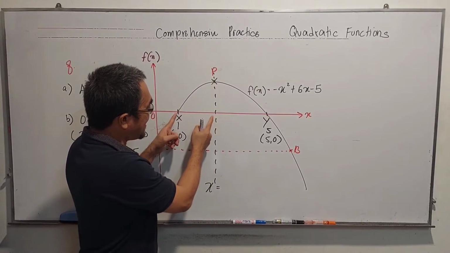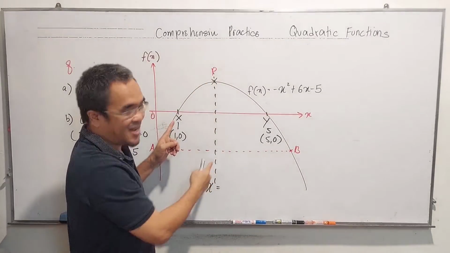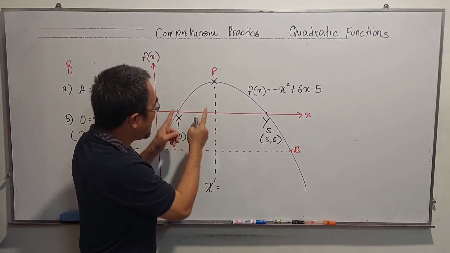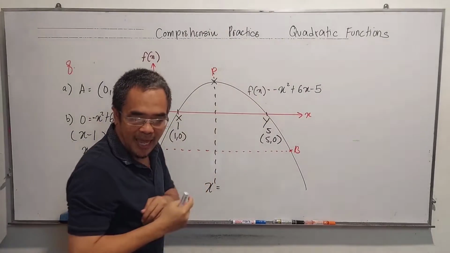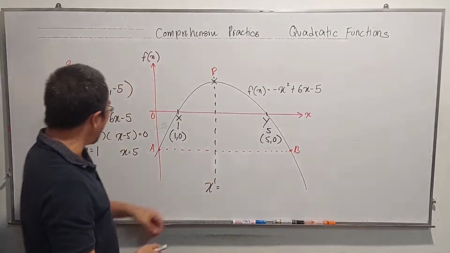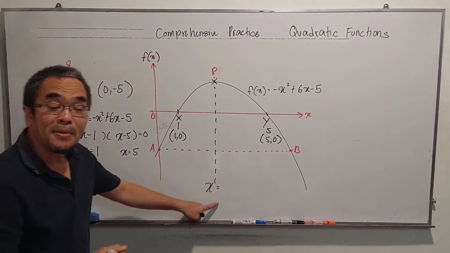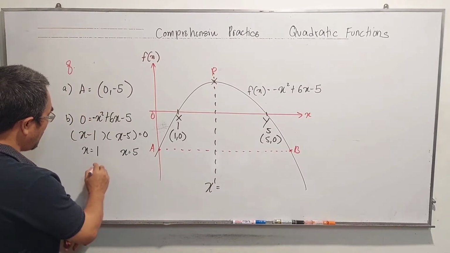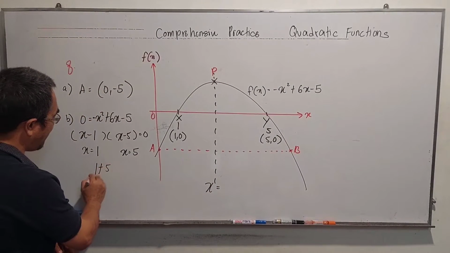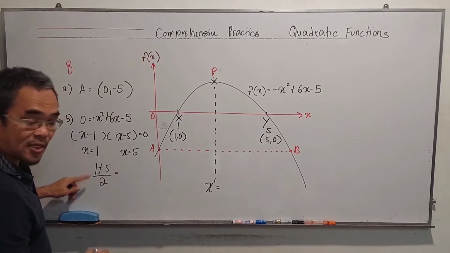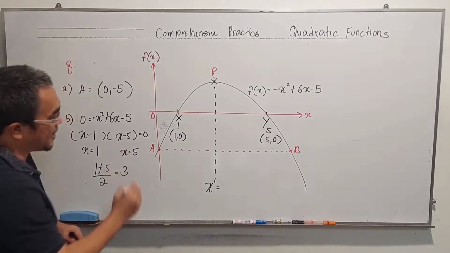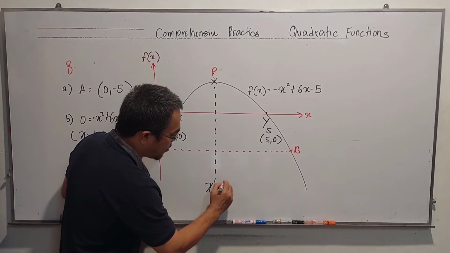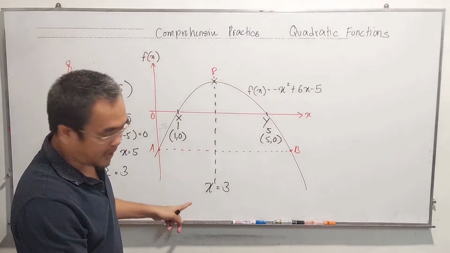When we say the middle, the length here will be equal to the length here. So you have to find the midpoint of these two roots. The midpoint will be (1 plus 5) divided by 2, which is 6 over 2, which is 3.